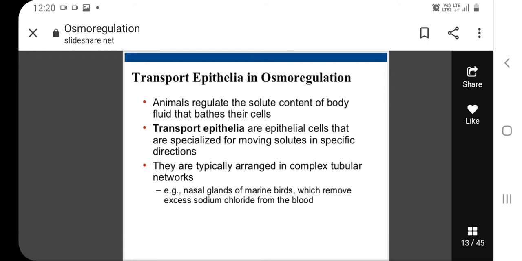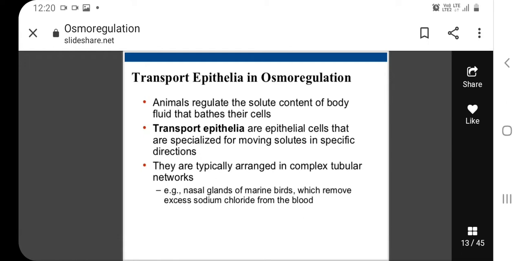Transport epithelia are the epithelial cells that are specialized for moving these solutes, like sodium, potassium, chloride, etc., in a specific direction. They are typically arranged in a complex tubular network.